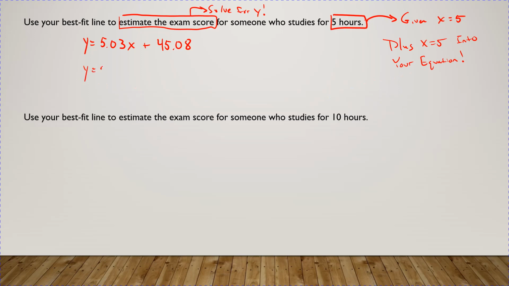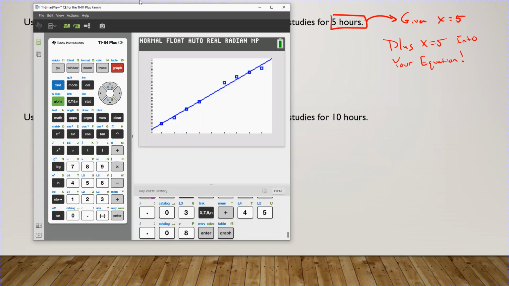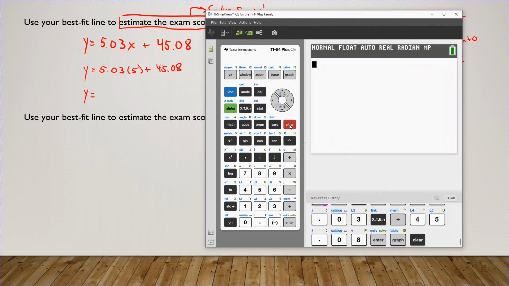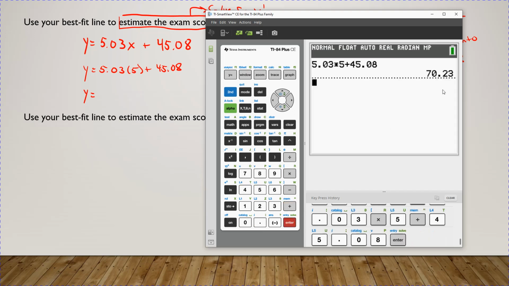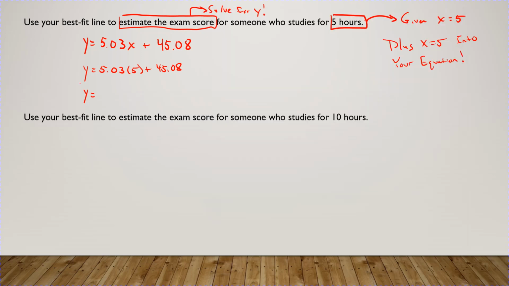So watch what happens when I do. Y is equal to 5.03 times 5 plus 45.08. Let's see what we get. 5.03 times 5 plus 45.08. You get a 70.23. So I'm just going to round this to a 70.